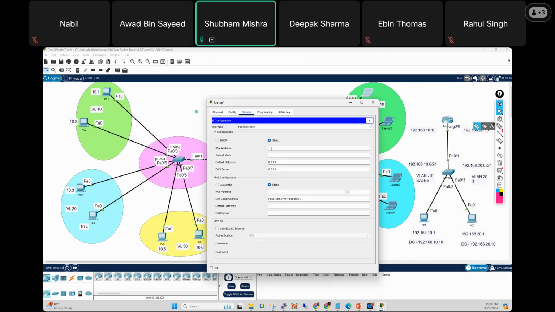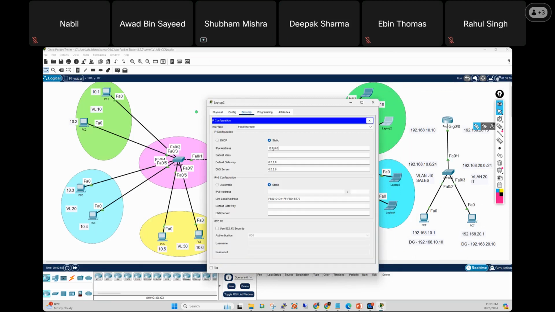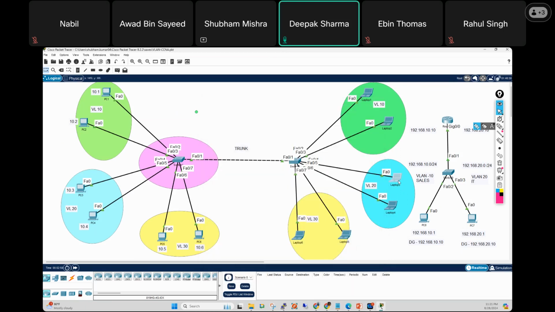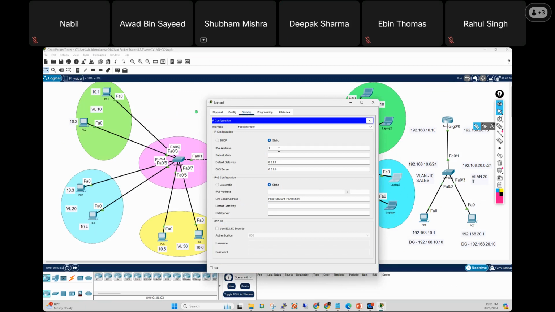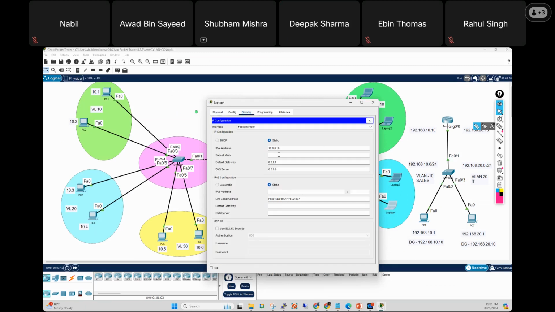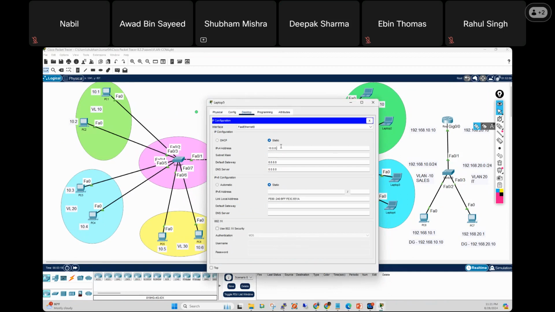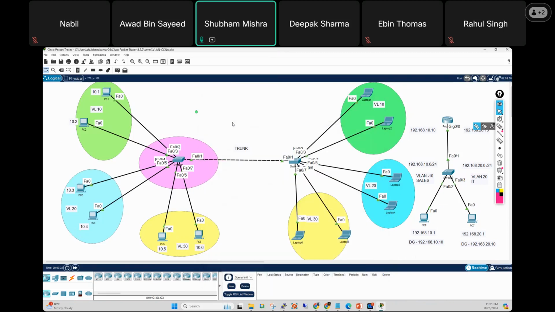So here we configure 10.0.0.7, and 8. Okay, the IP addresses are configured.